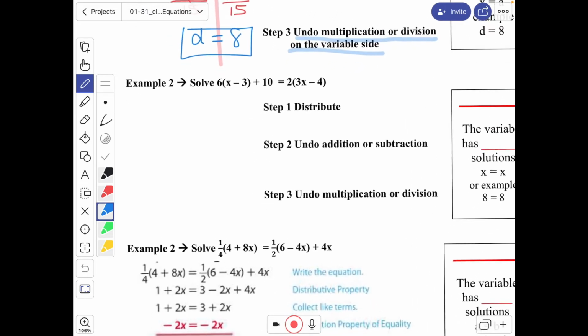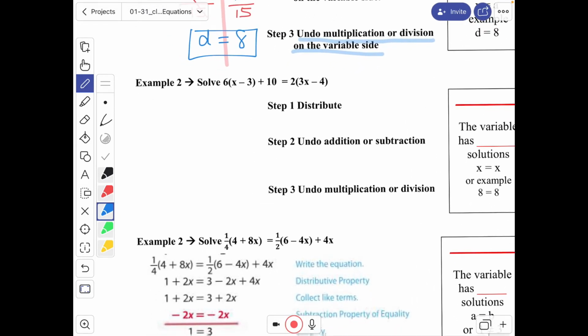Example 2. We have distribution on both sides, so we're going to be distributing on both sides of the equation this time. So we have 6 times x, which is 6x. And then we have 6 times 3, which is 18.